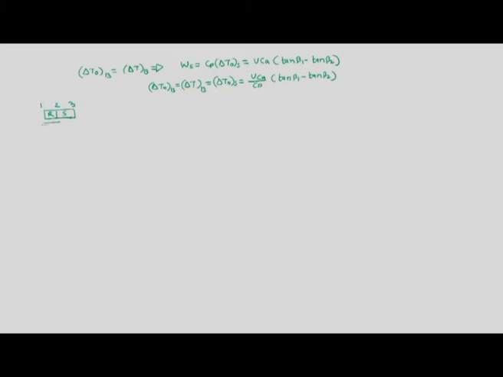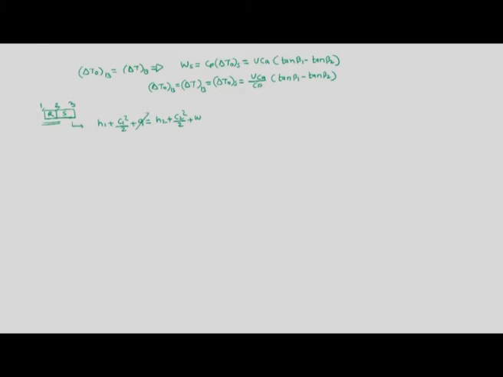Let us apply the steady flow energy equation between station 1 and station 2. We can write H1 plus C1 square by 2 plus Q is equal to H2 plus C2 square by 2 plus W.